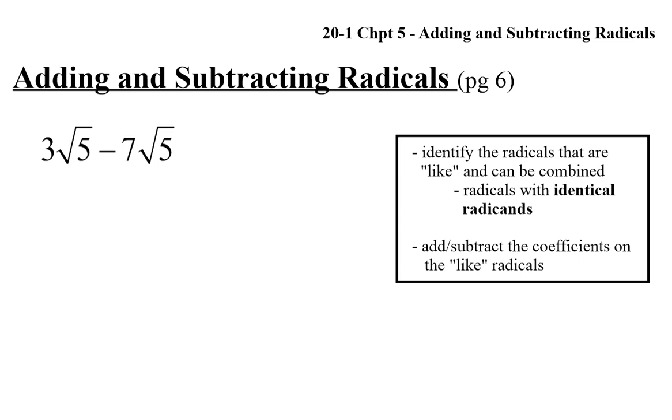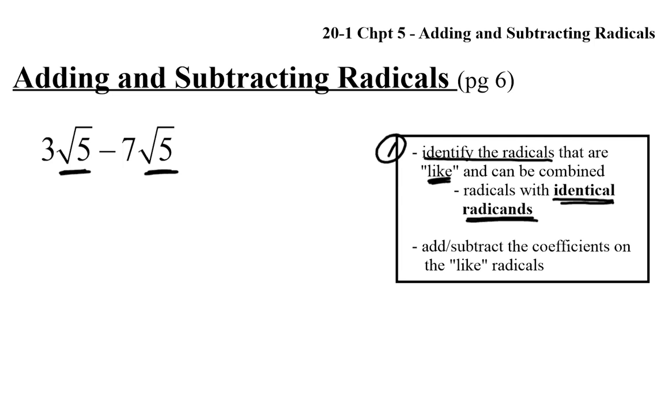So page 6, 3 root 5 subtract 7 root 5. The first thing we want to do when we have a question that asks us to add or subtract is identify the radicals that are like, identical radicands. So we can see in this case, root 5 and root 5, we have 3 root 5s and we have negative 7 root 5s.